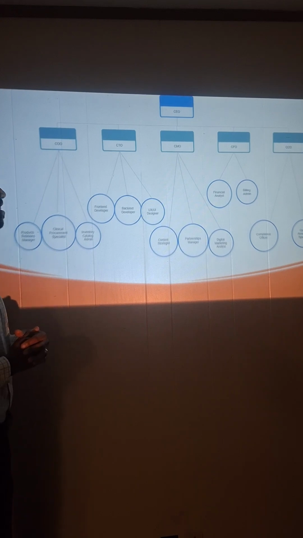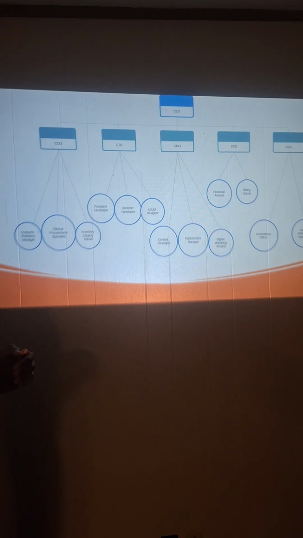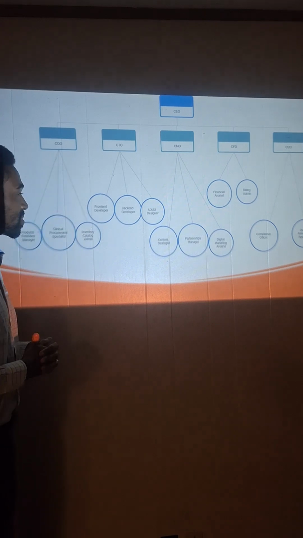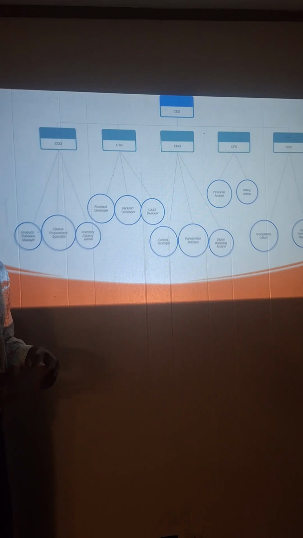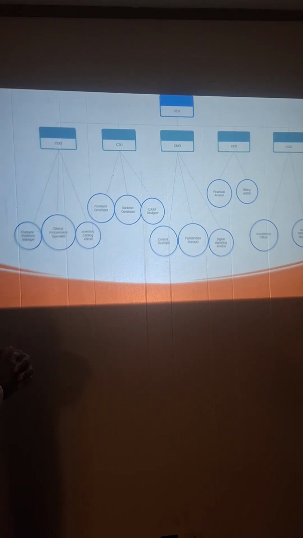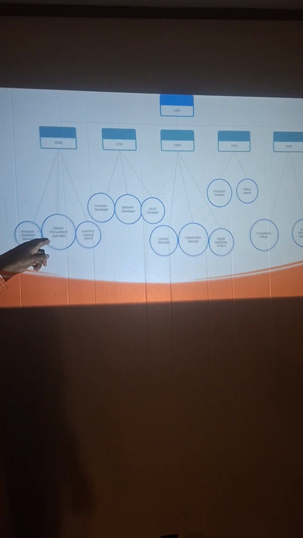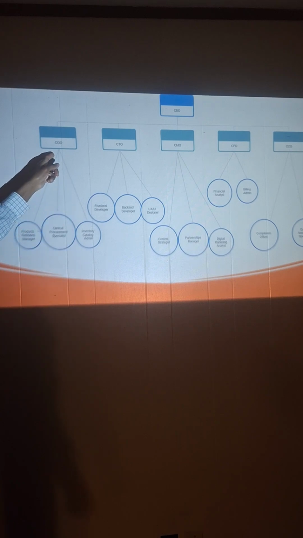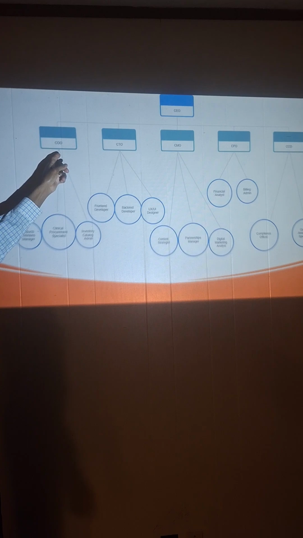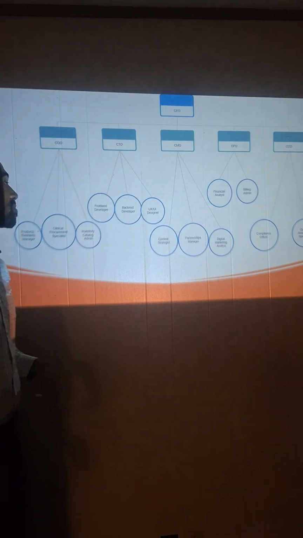The organizational chart follows a vertical hierarchy, which means that the roles present from top down. One of the benefits is that it provides a clear chain of command. So you see here, the inventory catalog administrator reports to the COO, the chief operating officer, and the COO reports to the CEO.